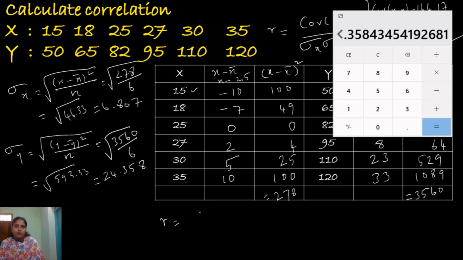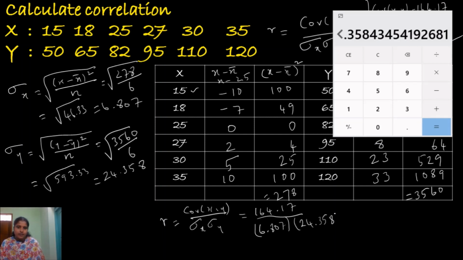So now the covariance we already calculated is 164.17, and we have all the values. Let me calculate the correlation. R is equal to the covariance between x and y over the standard deviation of x times the standard deviation of y. The covariance is 164.17 and the standard deviations are 6.807 multiplied by 24.358.